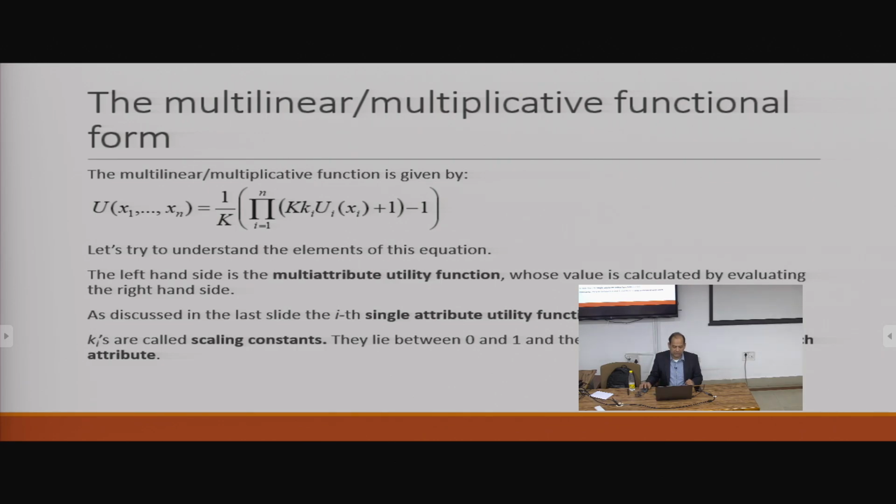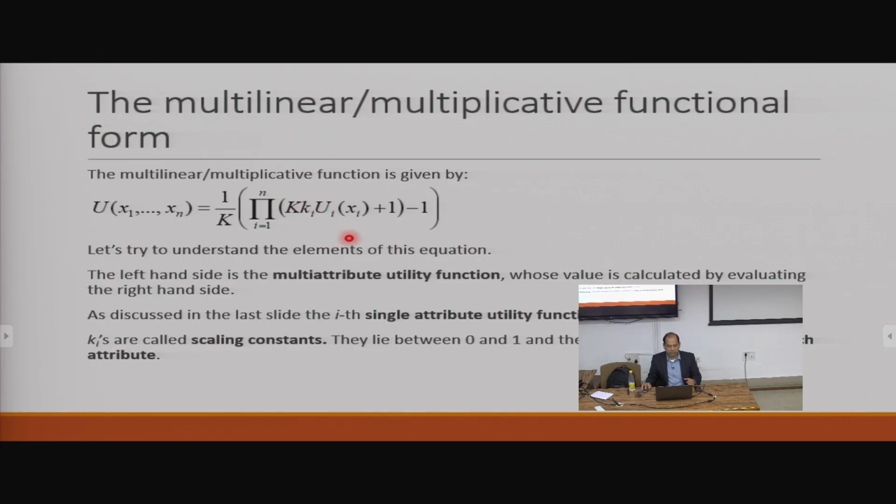Of course, we see the single attribute utility functions here. Here, we have scaling constants, which are ki's, the small letter k. They lie between 0 and 1, and there's one associated with each attribute.